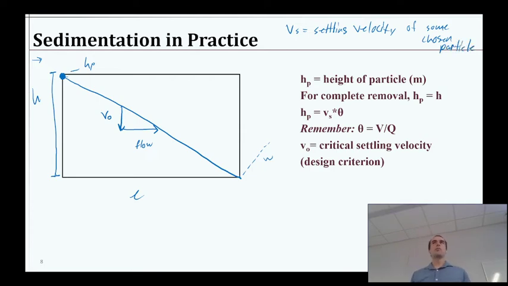Like, let's select this one and see how quickly it goes, or let's imagine a case where it's a little bit larger. How quickly does that go? This is my Vs. When we design a reactor, sometimes we select a particular particle we want to remove, and so we compare Vs to V naught, this critical velocity, but they are independent.